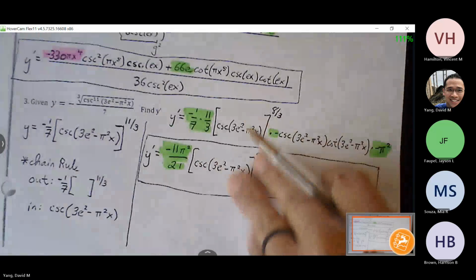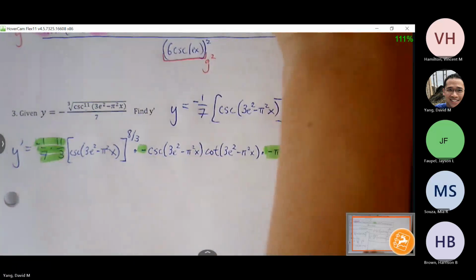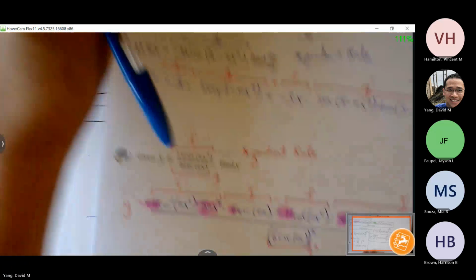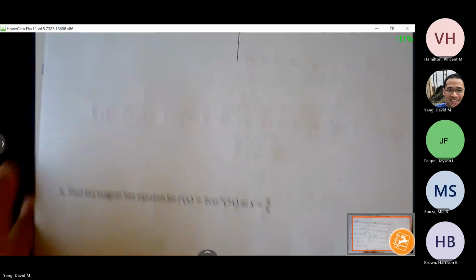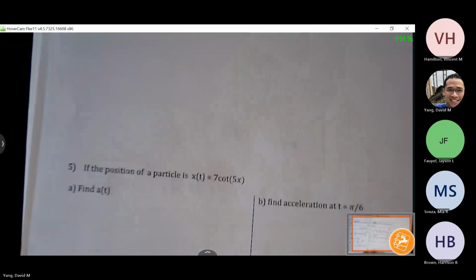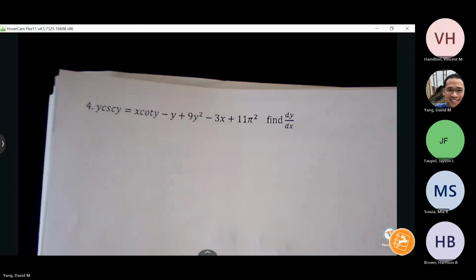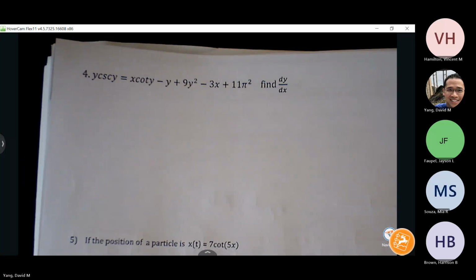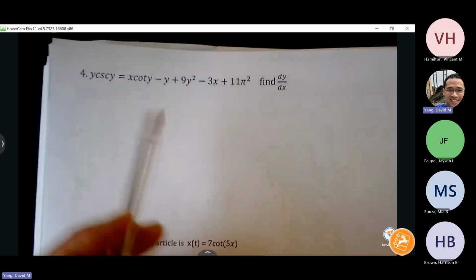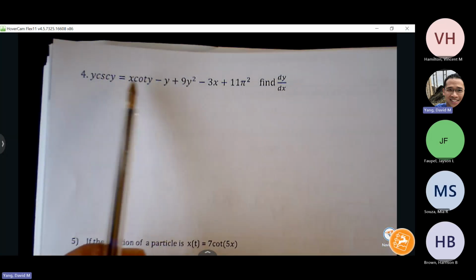All right, back page. All right, number 4, hopefully we see the need for implicit. You can see y's all over the place.